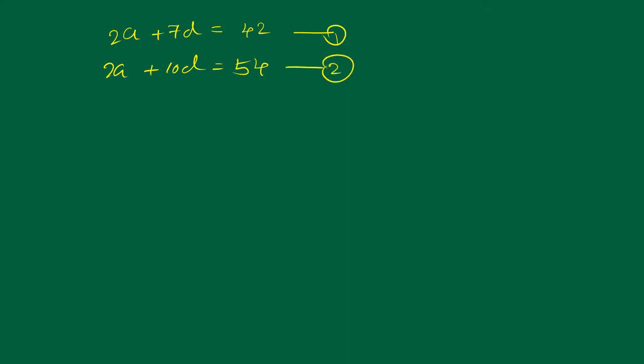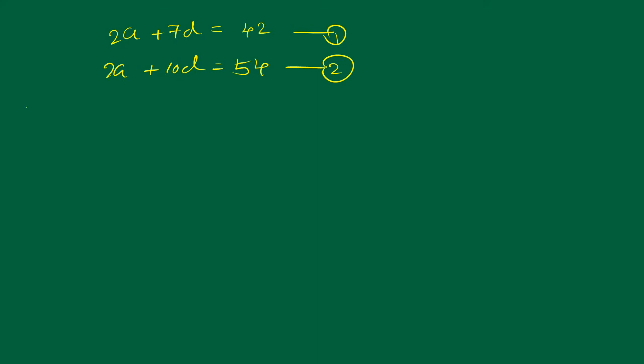Here you have two simultaneous equations. That means 2a plus 7d equal 42. This is the first equation, and 2a plus 10d equals 54. This is the second equation, and you can solve this.